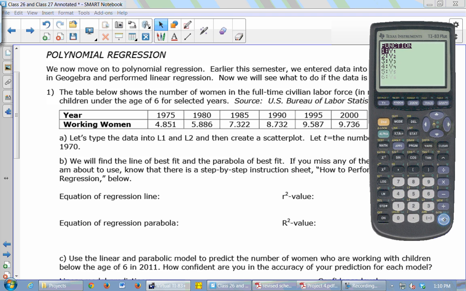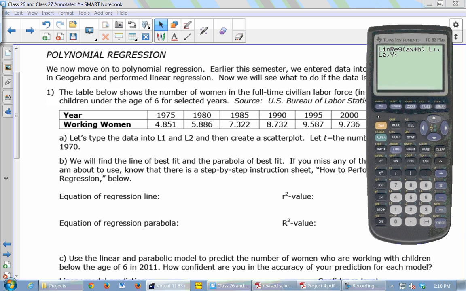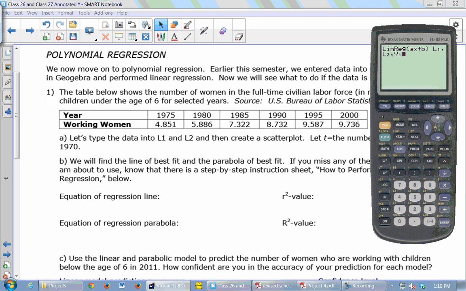Vars, yvars, function Y1. And if you miss any of these steps, because I know I am doing them quickly, at the end of this packet, there is a sheet, how to perform polynomial regression with step-by-step instructions. Okay, so here's our linreg.